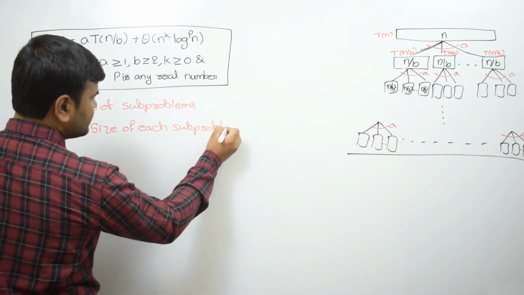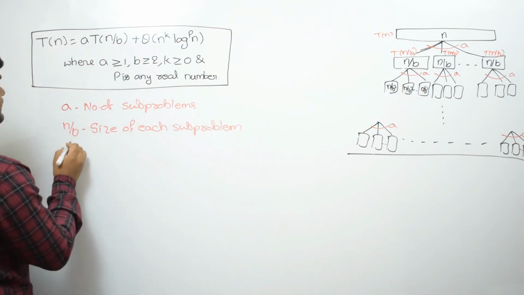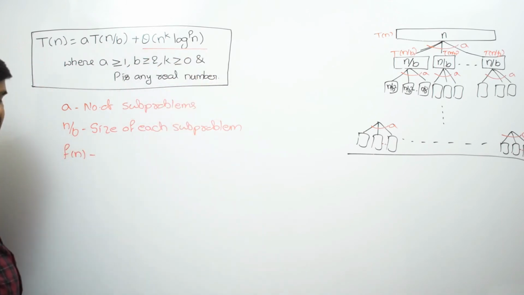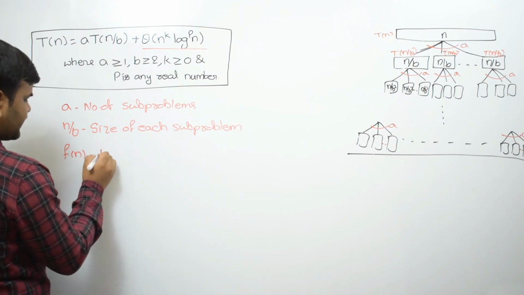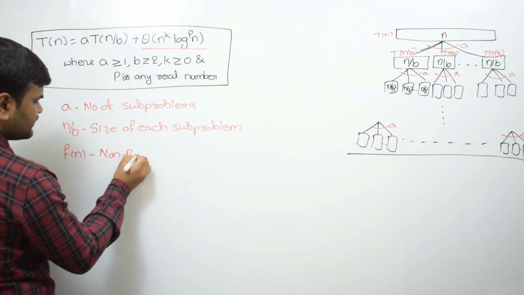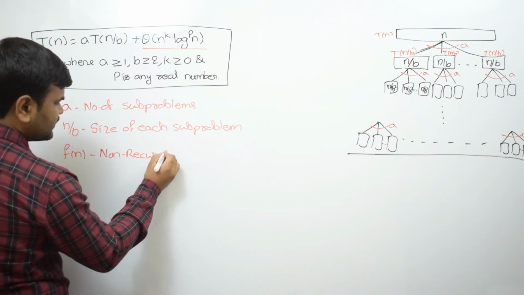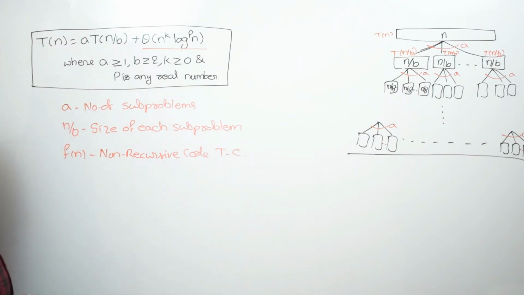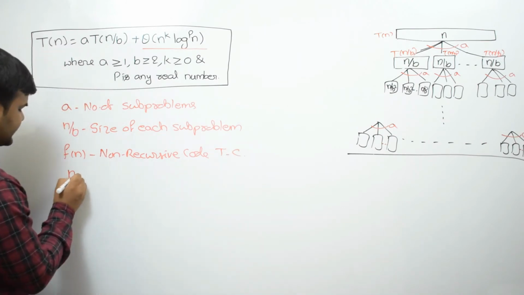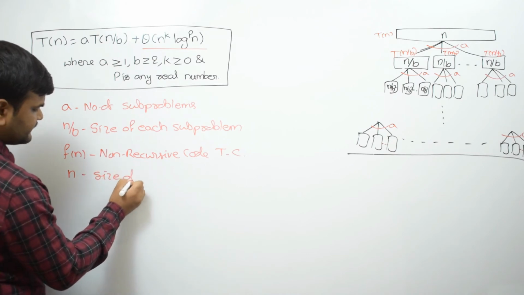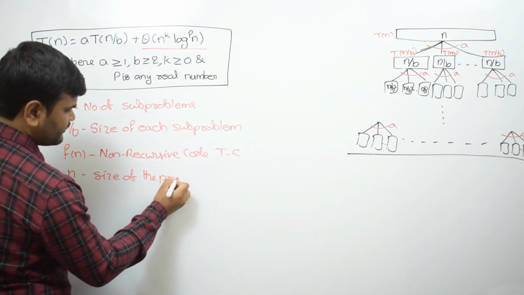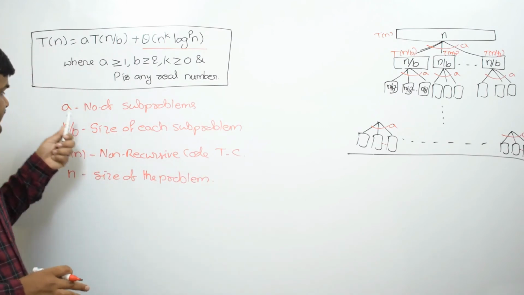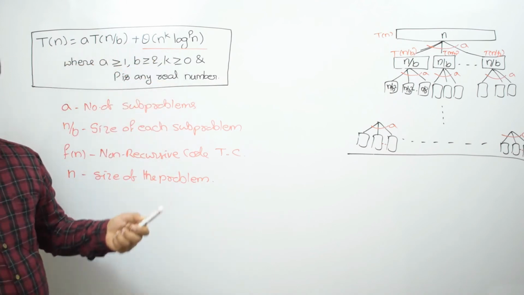Then f of n, that means this part, this is f of n, right? So f of n is the non-recursive code time complexity. Okay, and of course n is the size of the problem. So these are, first of all, each parameter's meaning. So that is the master theorem, right?